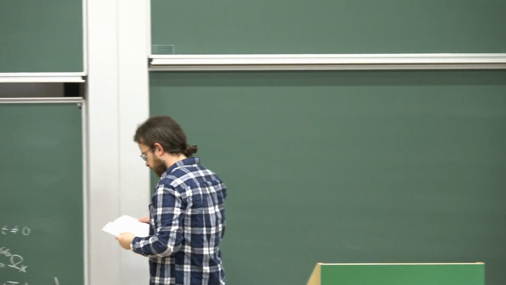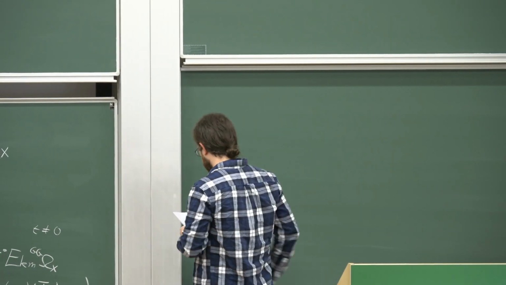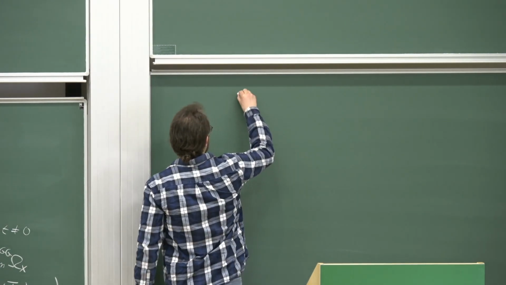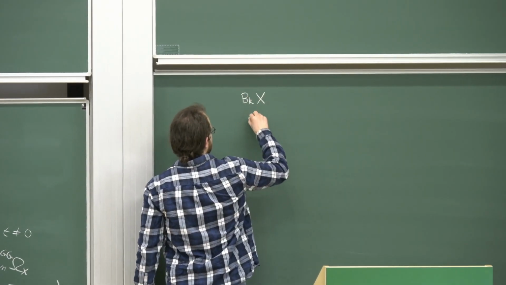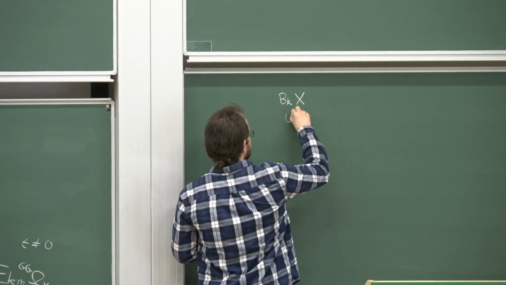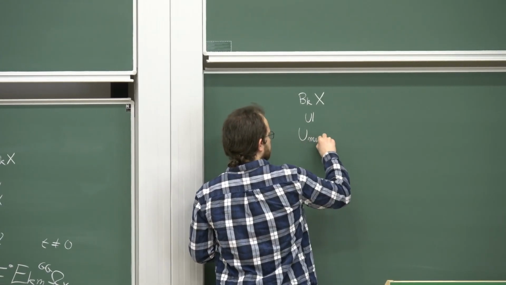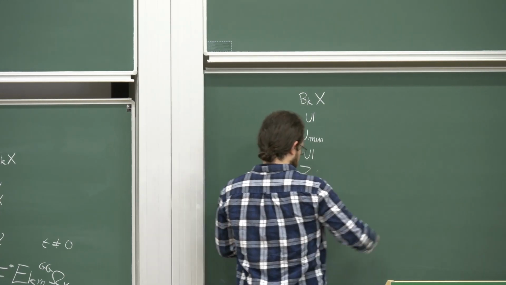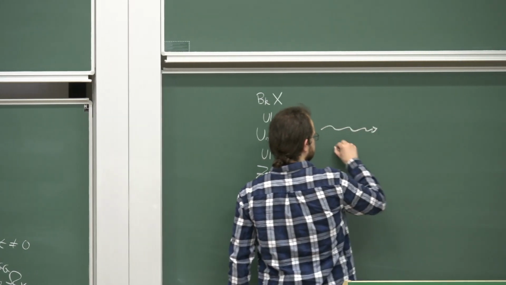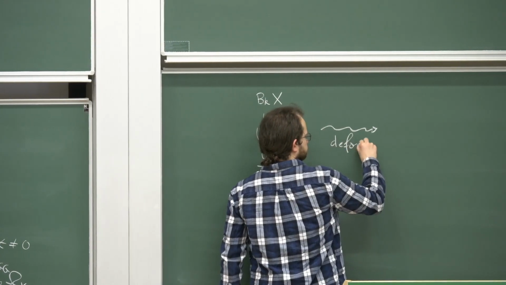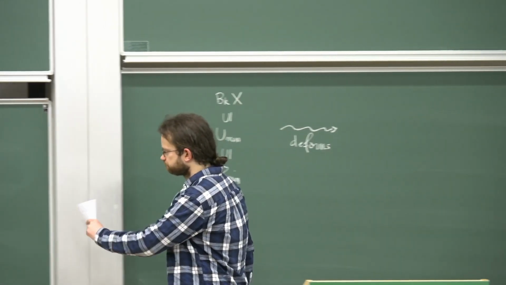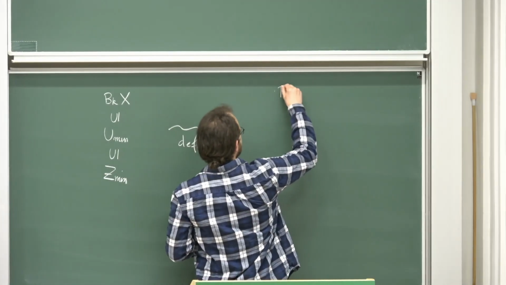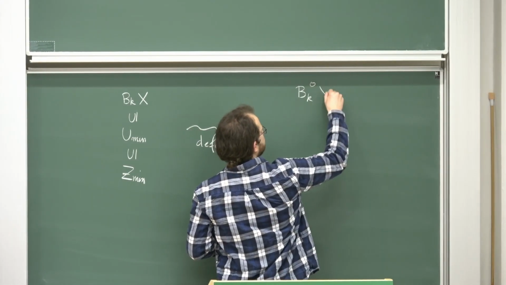All right, and so now you can deform every data which is introduced over there. So BKX, containing U min, containing Z min, deforms to the central fiber, to some objects, which I will denote with a knot here.